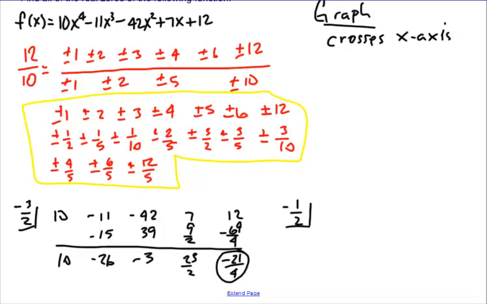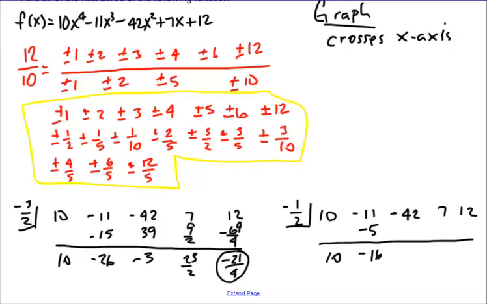So try that guy. And again, we'll try with negative 10, negative 11, negative 42, 7, and 12. Bring down the 10 and multiply. So that's going to be negative half, or negative 5. And then 8.